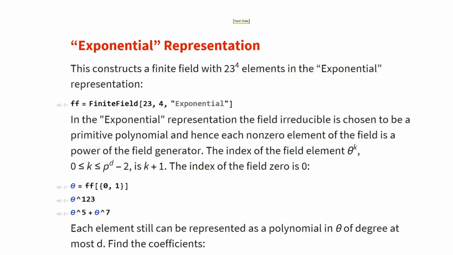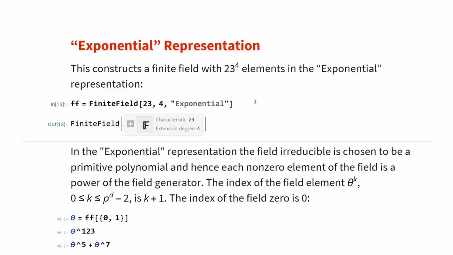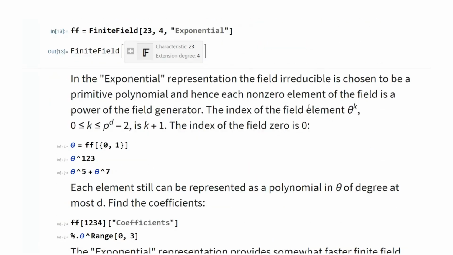And the other representation is the exponential representation. So this constructs the field with 23 to the power 4 elements in exponential representation. In the exponential representation, the field irreducible is always chosen to be a primitive polynomial, as each non-zero element of the field is a power of the field generator.